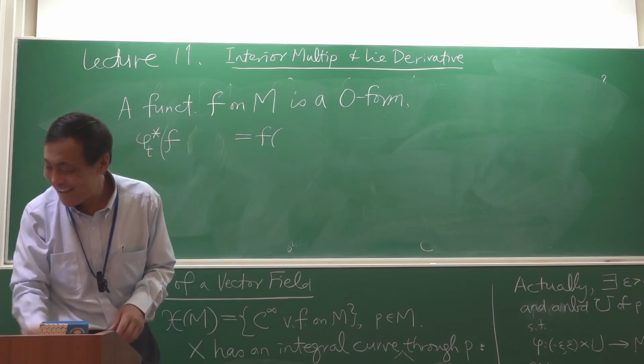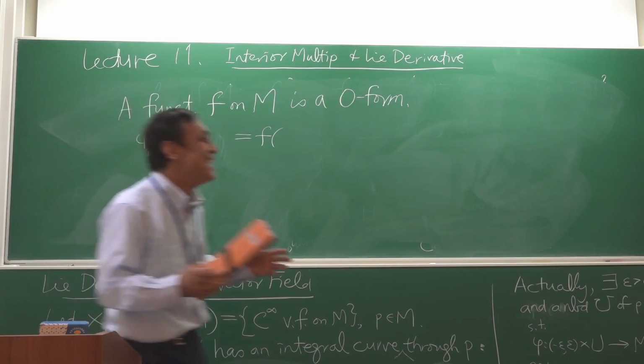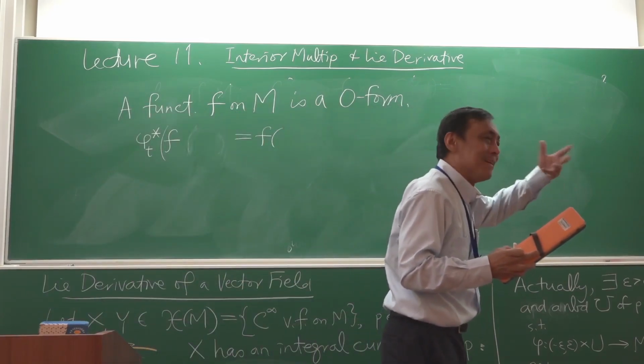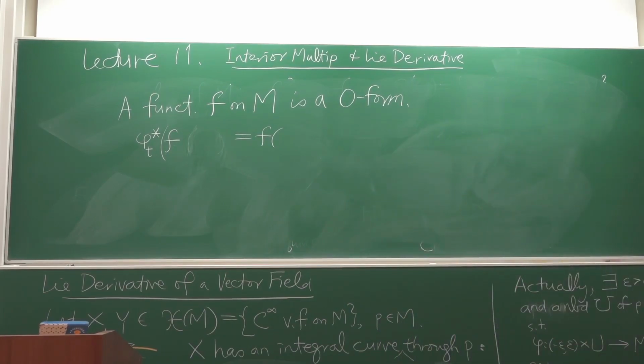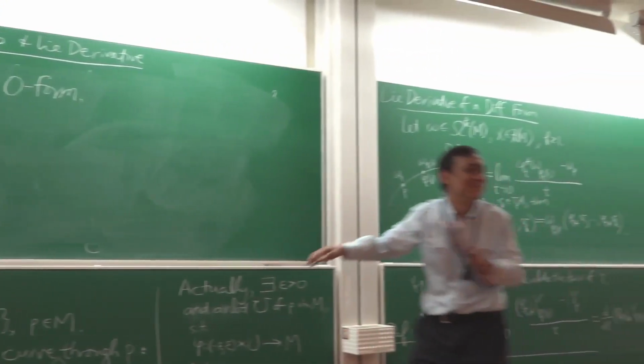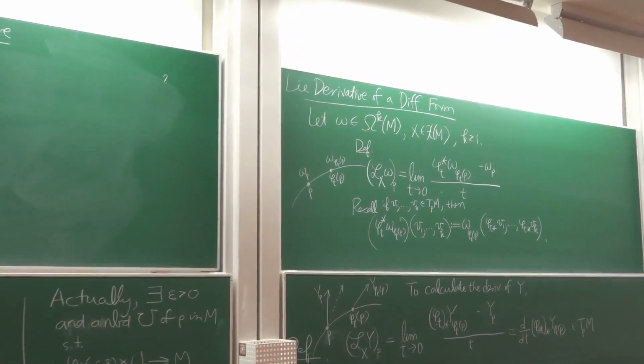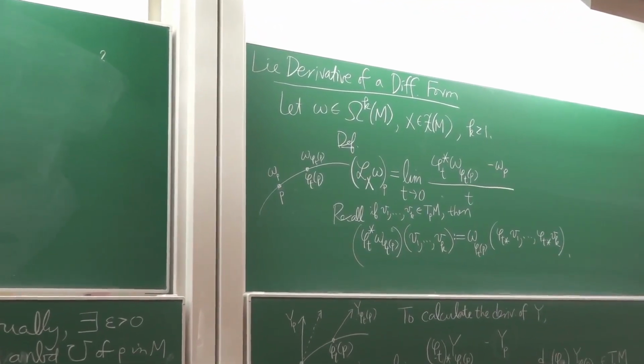Okay, now let me see. I think it's not worth doing. I was trying to derive the definition of the pullback of a function from that, but I think we should just assume that k is greater than or equal to 1, and just make a separate definition for the pullback of a function. It's easier.